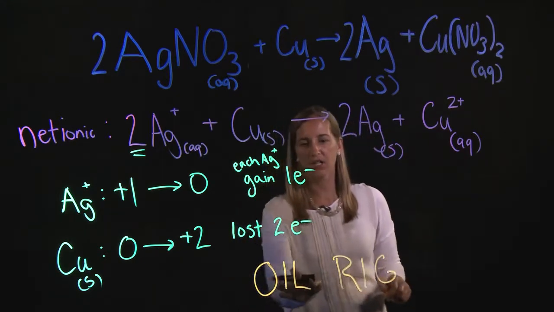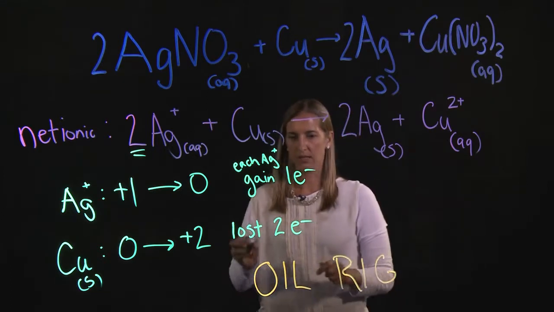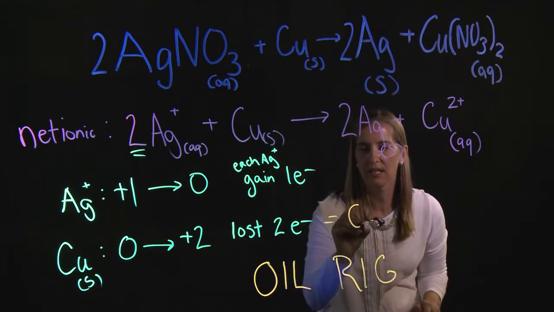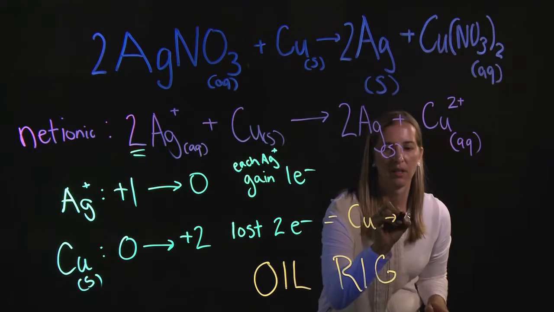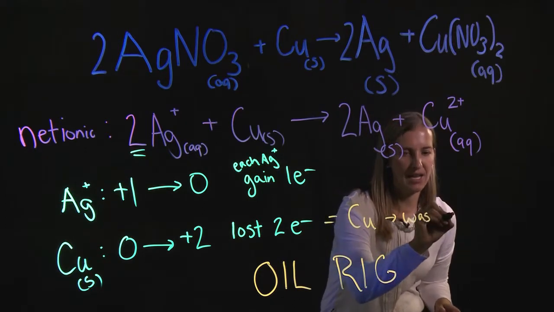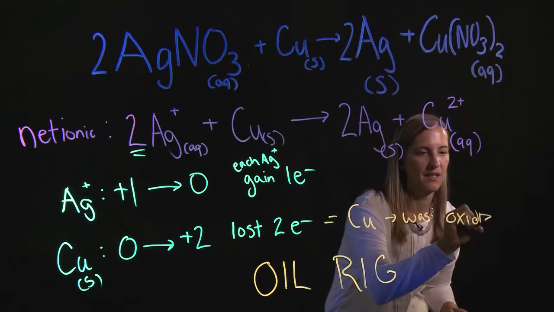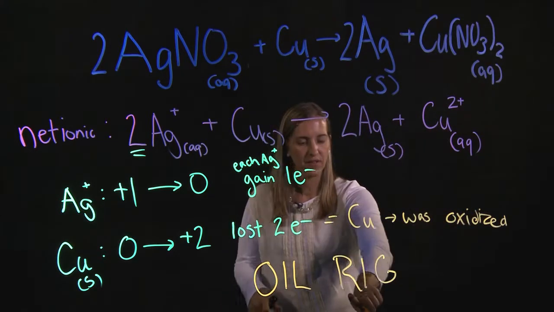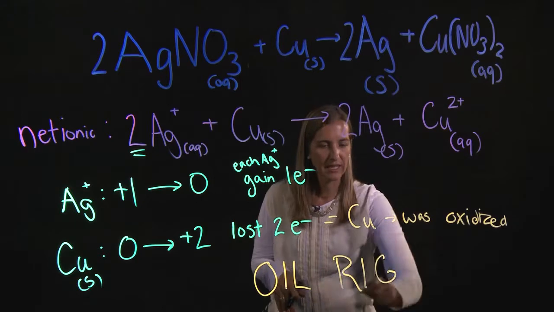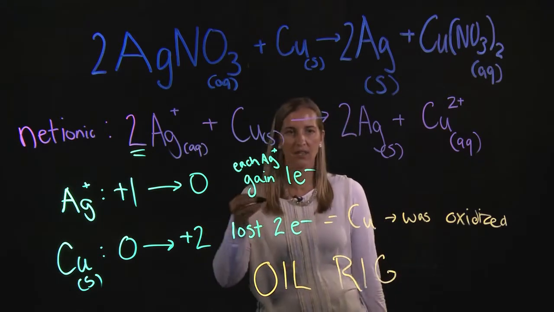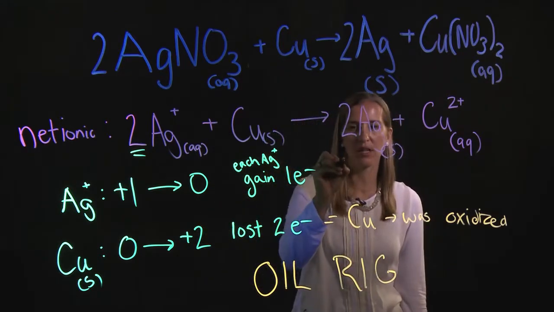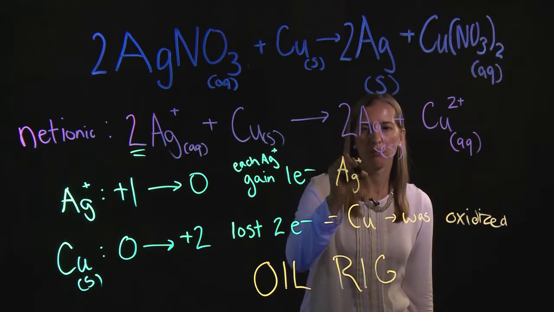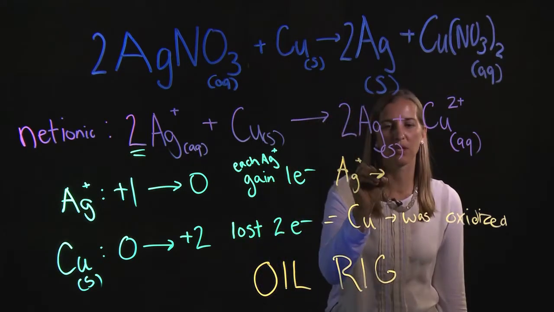Oxidation is the loss of electrons, which means that the Cu was oxidized. Reduction is the gain of electrons. Each of the silver +1 gained an electron, so Ag plus was reduced.